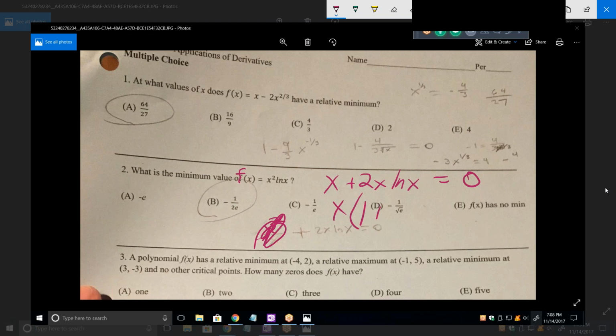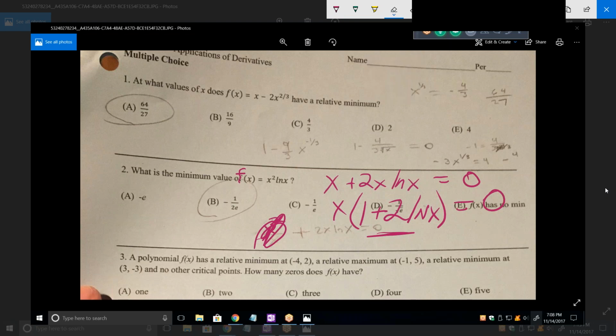That's what I'm doing when I factor, I'm turning it into the product of two things. Now I can say that either x is 0 or that is 0. And I can solve that.